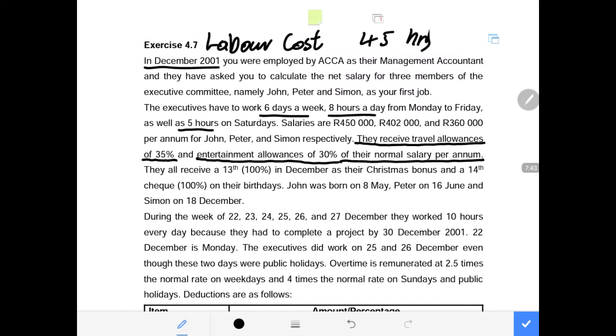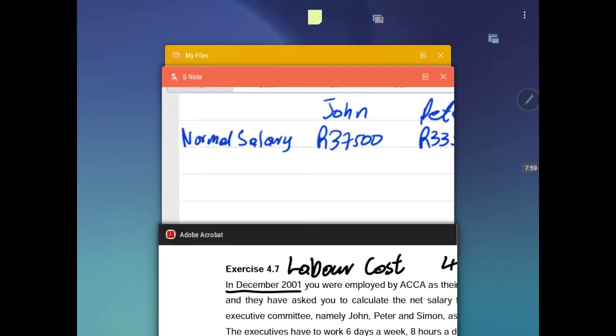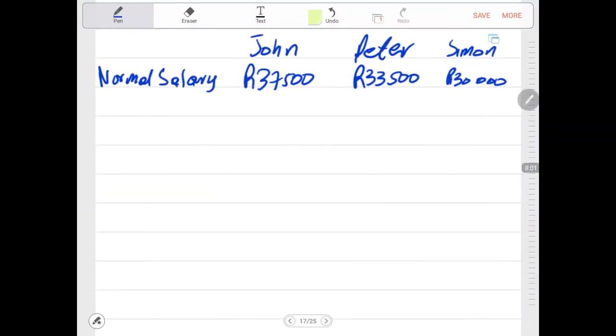So we have to base the 35% travel allowance and 30% entertainment allowance on their monthly salaries. Let us start with the travel allowance. If you want, you can say allowances as a heading, but due to limited space, I'll just say travel allowance.